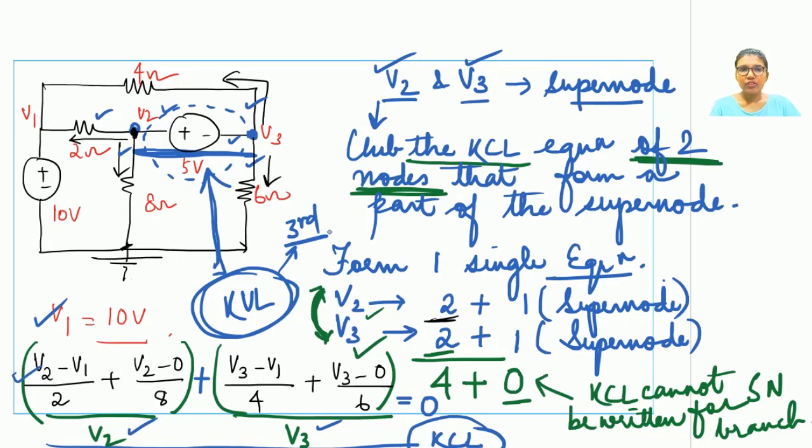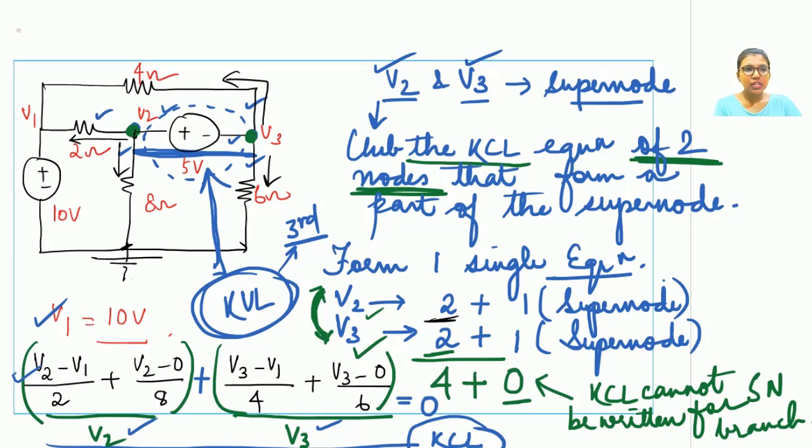Now how can one write the KVL equation for that particular branch? Let us look into that. Here it is V2, over here it is V3, and one has to write a KVL equation for this particular branch. Let us follow the principles of writing the KVL equation starting at V2 and ending at V3.